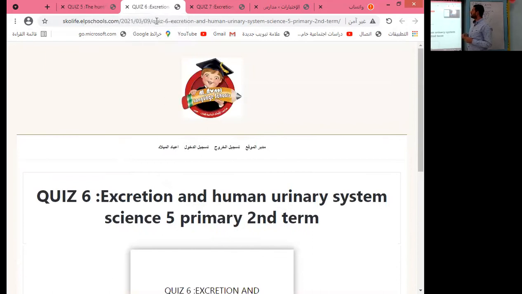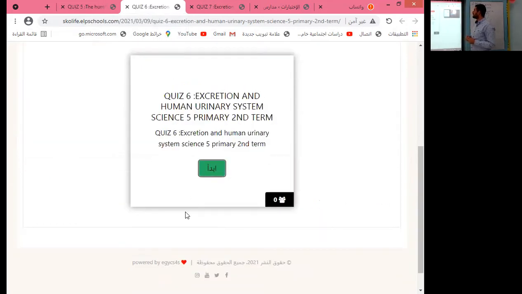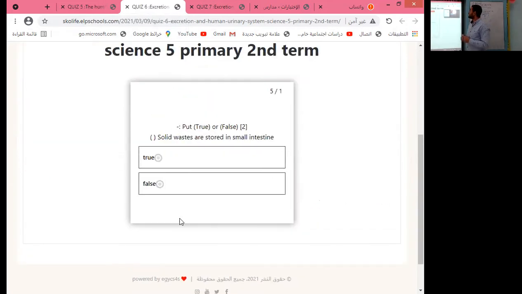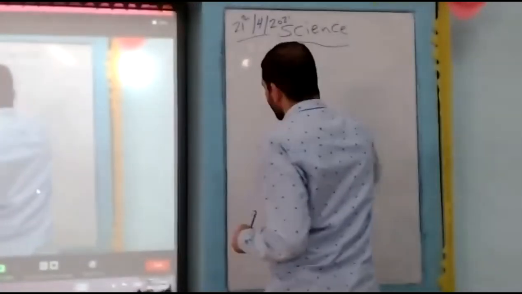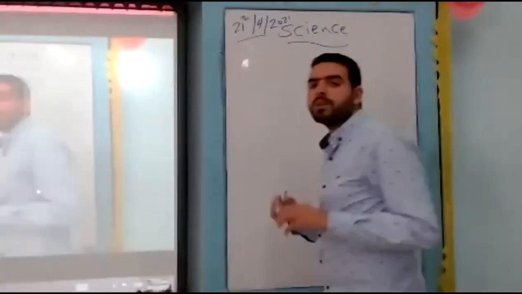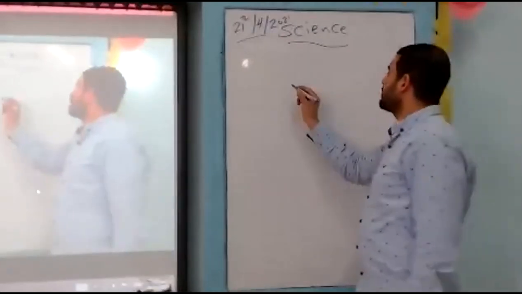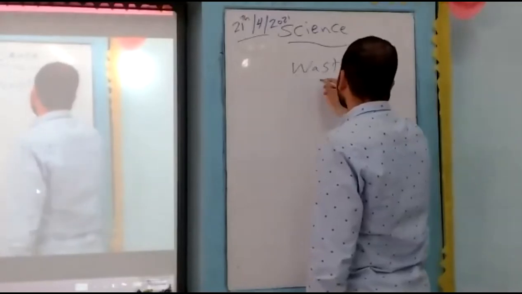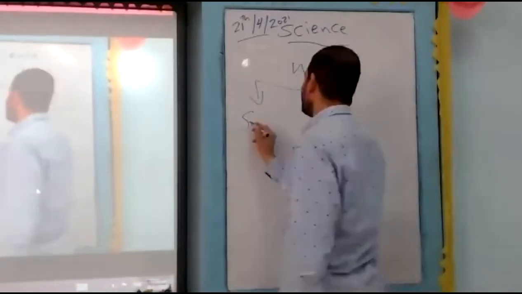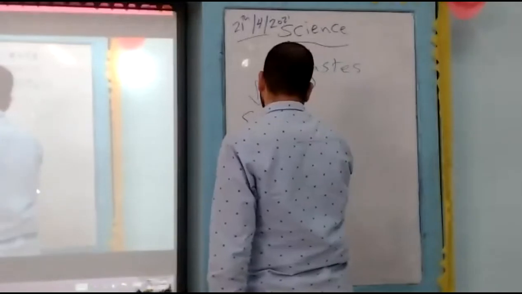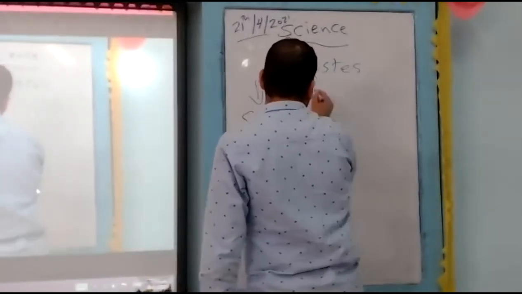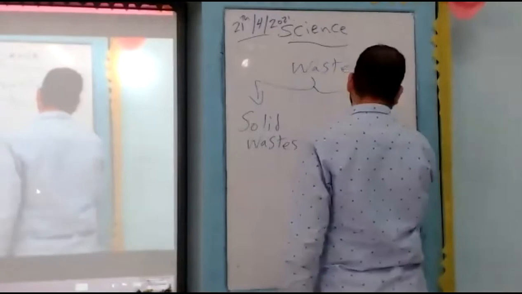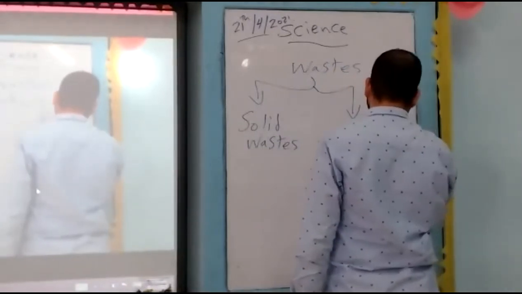Okay, solid wastes are stored in the small intestine. Let's talk about the two types of wastes in our body which are released by our body, and they are classified into solid wastes and excretory wastes.